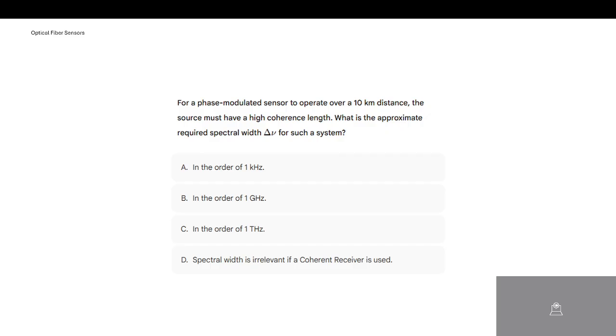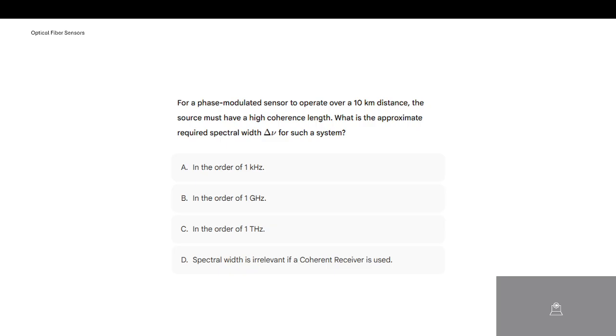In order of 1 kilohertz, in order of 1 gigahertz, in order of 1 terahertz, or the spectral width is irrelevant if a coherent receiver is used. Which is the correct answer here? One kilohertz.